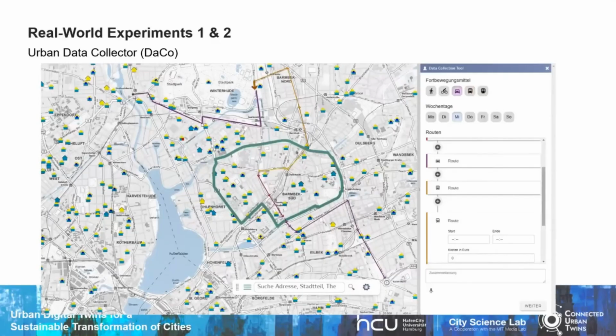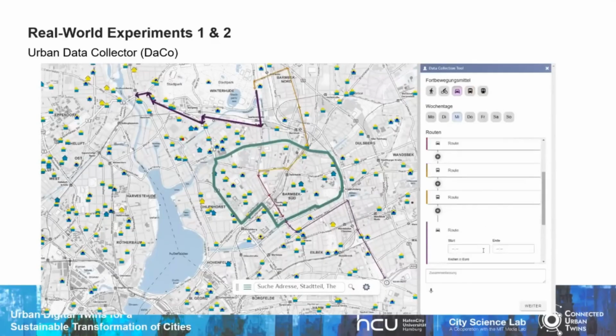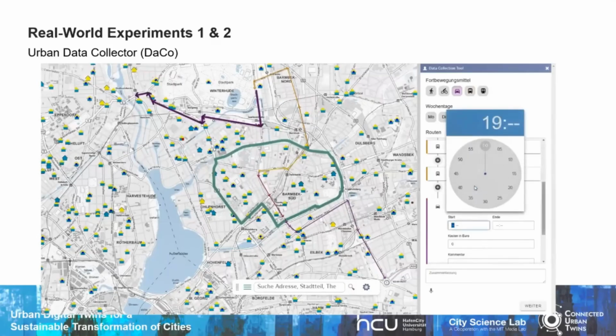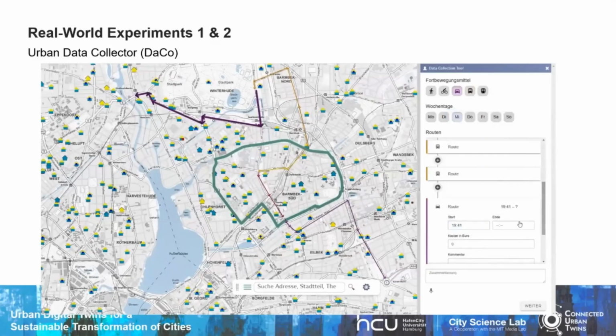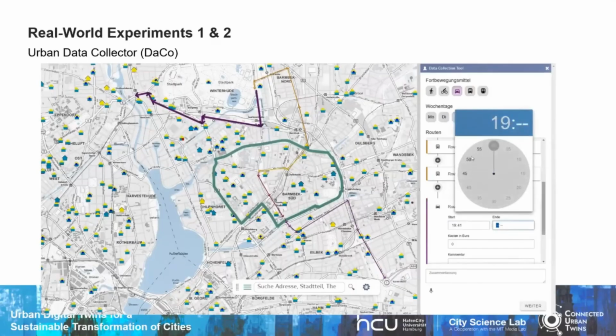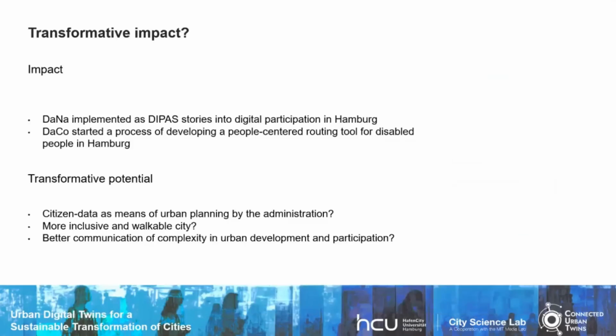With this tool, our expectation was not to fill this data gap completely, but to have it as an add-on, as a tool, and as a way of gathering data in the context of Hamburg's urban digital twins. So what are the transformative impacts that we have had? The data narrator, as I said, is implemented in the digital participation system in Hamburg, which we're very fortunate to have.